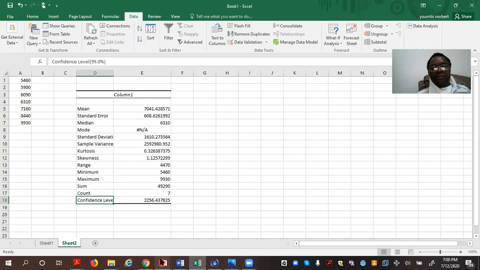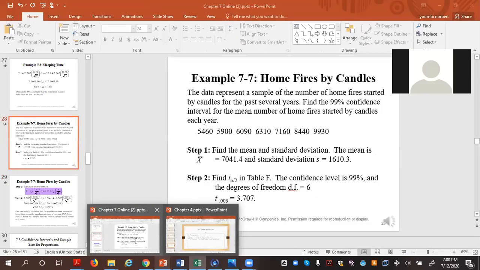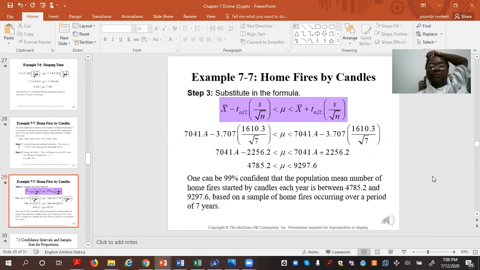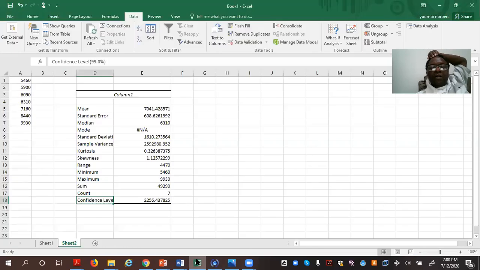Do you see the mean? What is the mean? 704. That is the mean. You see the standard deviation. Yeah, I have the standard deviation. Okay.